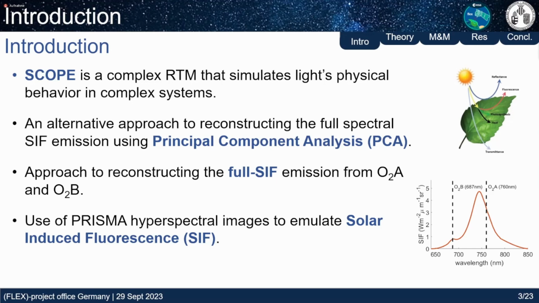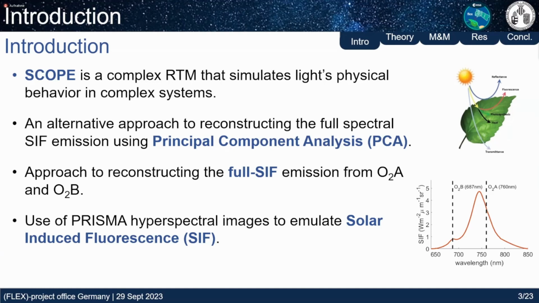Our study provides an alternative approach to reconstruct the full spectral SIF emission using principal component analysis. This principal component analysis is a dimensionality reduction technique that, as we have used in recent studies, can be used to reconstruct spectra.